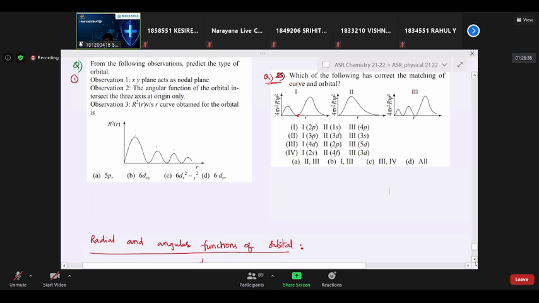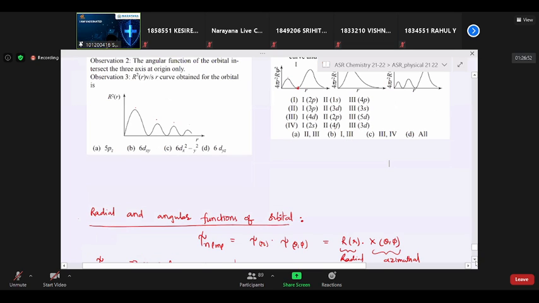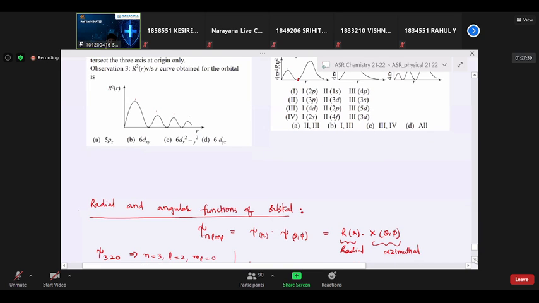Psi n l m we represent as the radial part of the wave and the angular part of the wave function, the two parts I am giving here. And keep in mind psi has different notations.